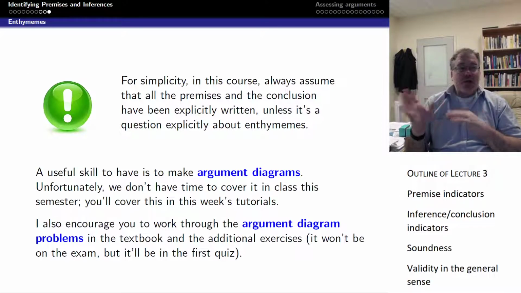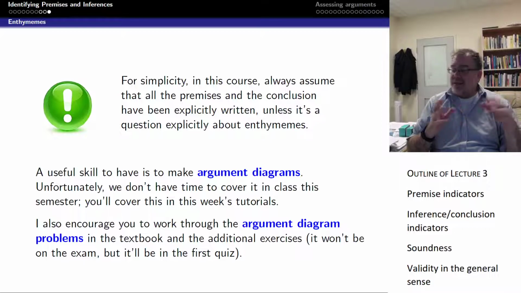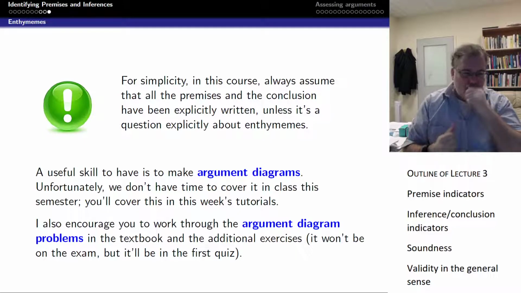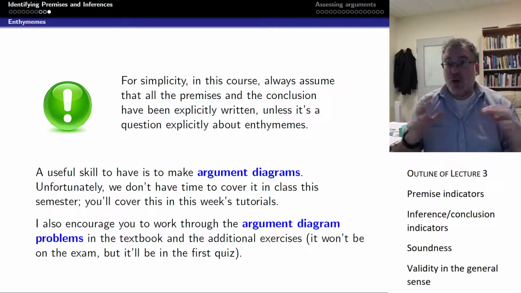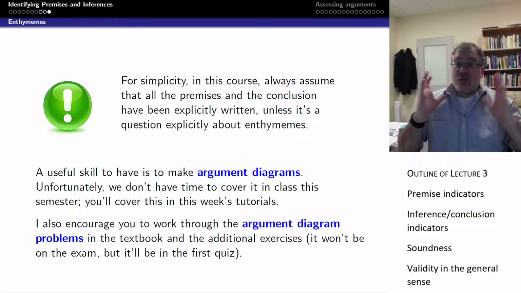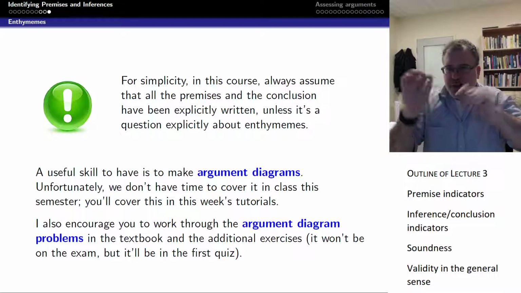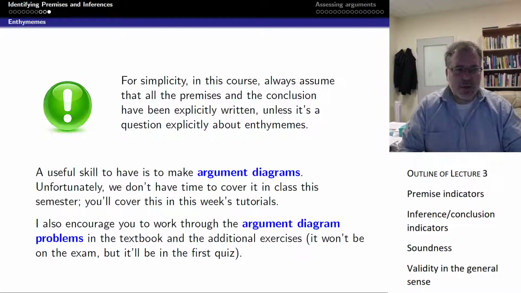Now, a useful skill to have, which complements what we've just done, is to look at argument diagrams. So especially for a complex argument, understanding the structure of the complex argument by representing it in a diagram is really, really helpful.